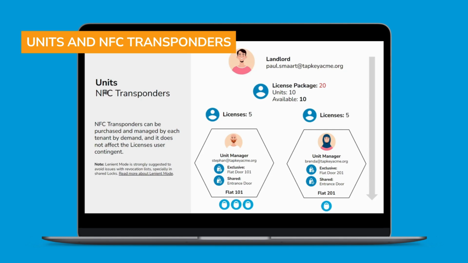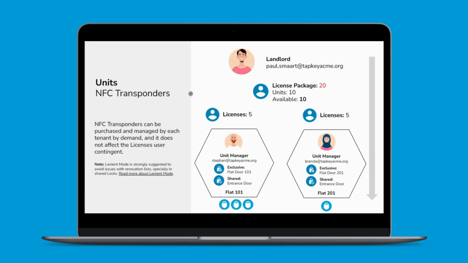What about NFC transponders? With NFC transponders in units, there is no limit. So as a unit manager, you can activate as many NFC transponders as you please. This is not going to be managed by the landlord. That's something to keep in mind.